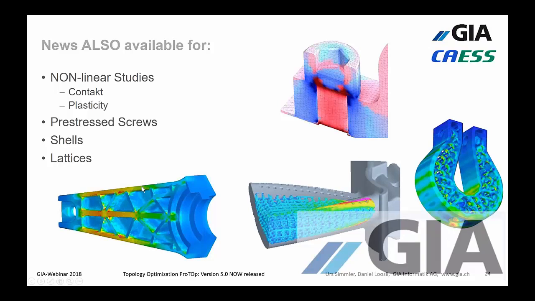Because at the end of the day, when you deal with topology optimization, you really want to have a lightweight part. You want to optimize those components, and in the future, lattices will be there. You have to optimize the lattices, and ProTOp will do that for you.